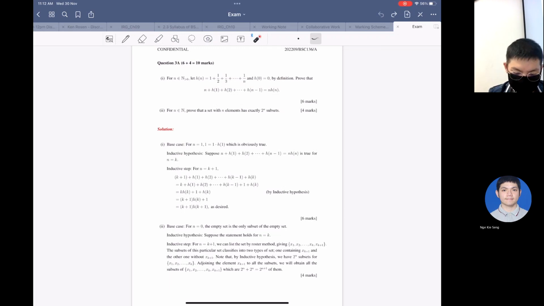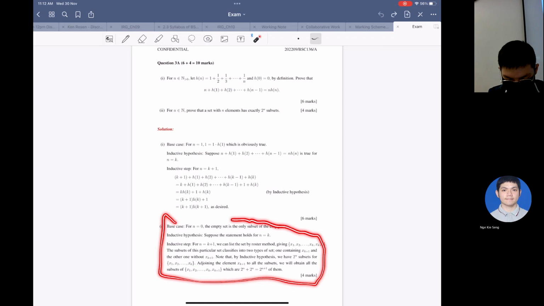Okay. So my way is to use inductive proof. You need to check the base case, assume the inductive hypothesis, and then use the inductive step. I think only one in your class used this way to prove.